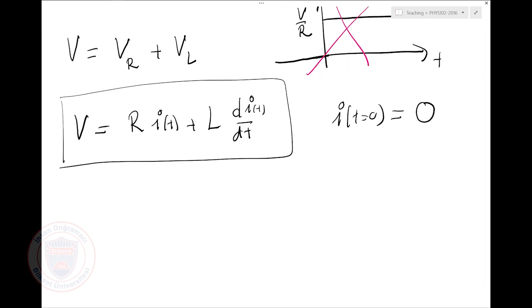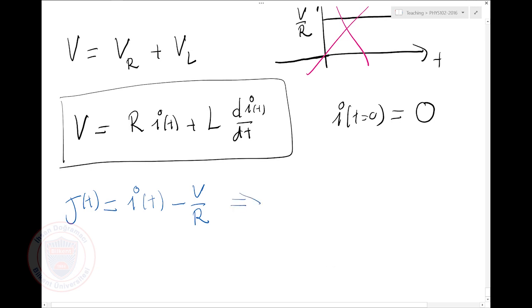Instead of I of t, I will define a new variable. Let me call that j of t. I'll define it to be I minus V over R. I'll look at the difference from V over R.